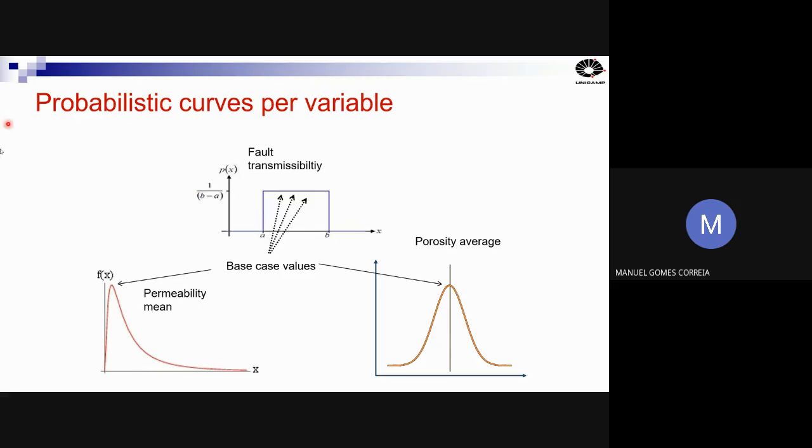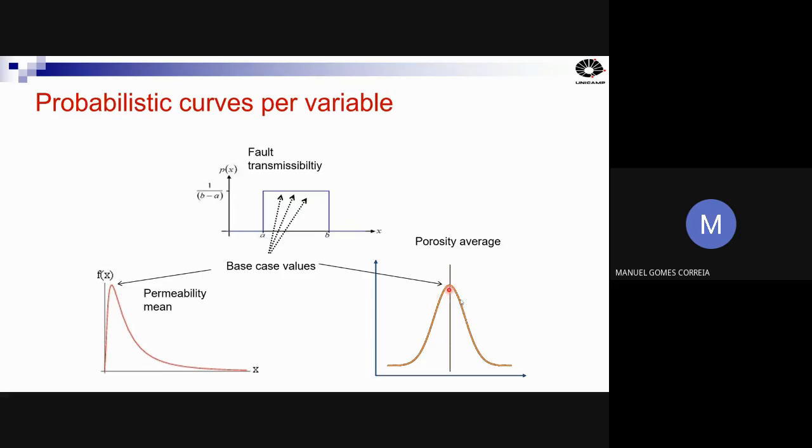So in order to have different models, we enter different probabilistic curves. For each loop, for each image of porosity and permeability that is generated, it picks a point from this distribution. In this case it is permeability mean, in this case fault transmissibility, in this case porosity average.